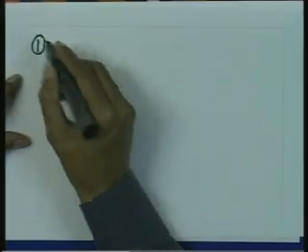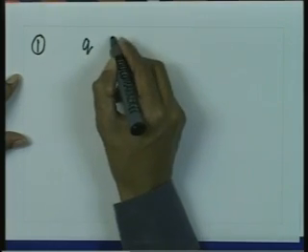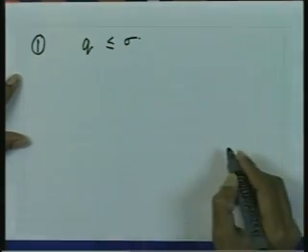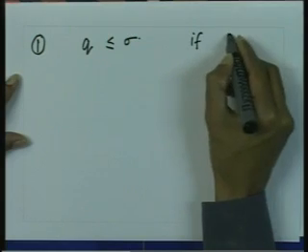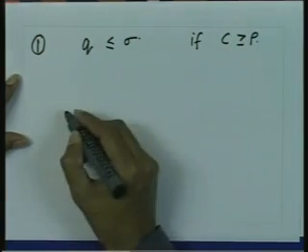So to prove this result, what is the claim? The first claim was that this queue length is bounded by sigma if C is greater than or equal to rho.